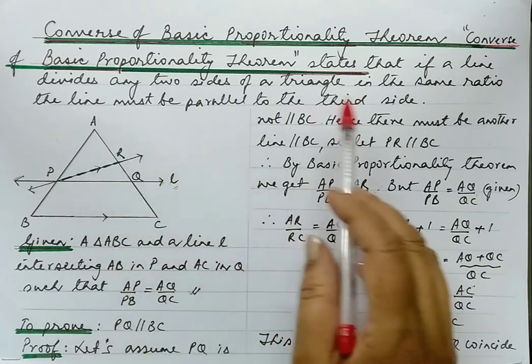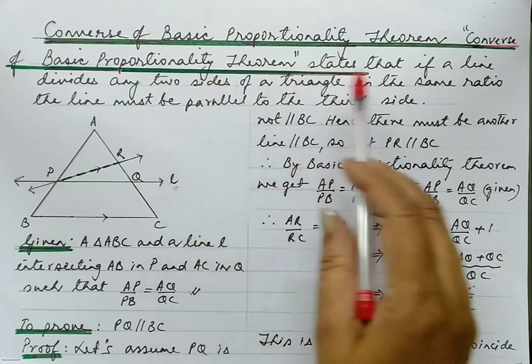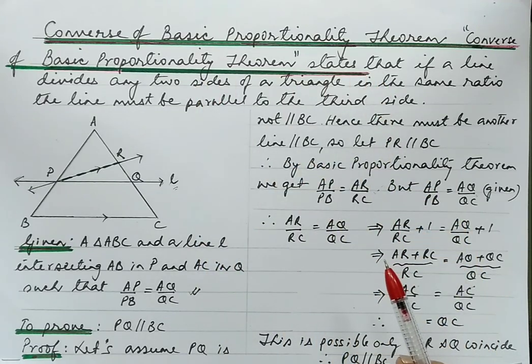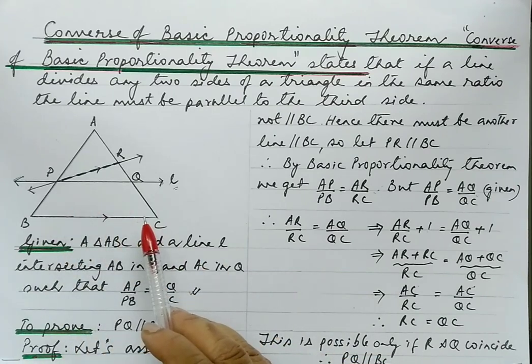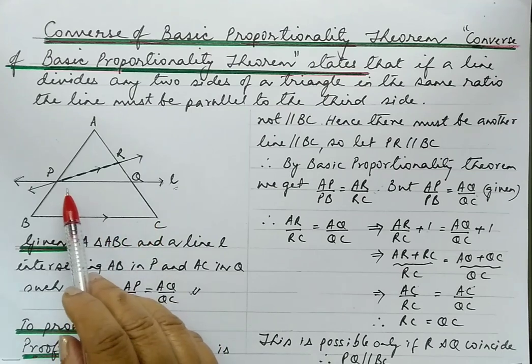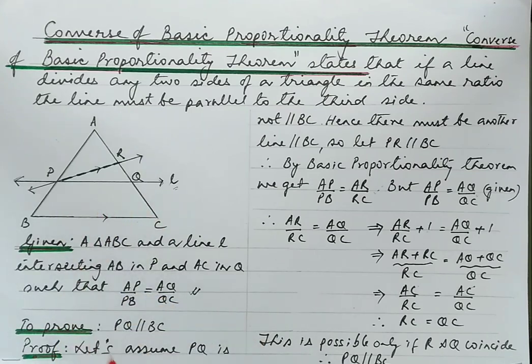Now here, what do you prove? That PQ is parallel to BC. In that case, PQ was already parallel to BC.